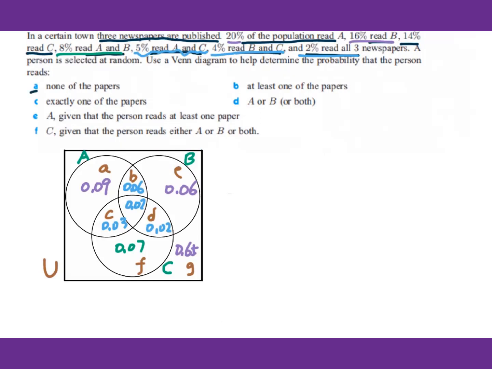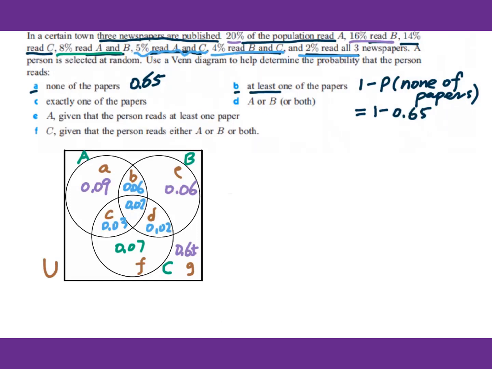Let's go to part A. None of the papers, we know that is 0.65. For B, at least one of the papers. When you say at least, you do 1 minus the probability of none of the papers. Therefore, you will get 1 minus 0.65, you get 0.35.